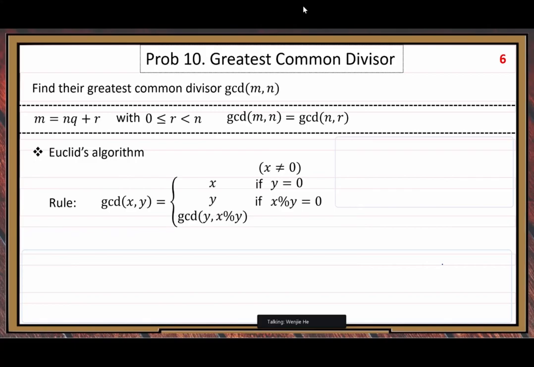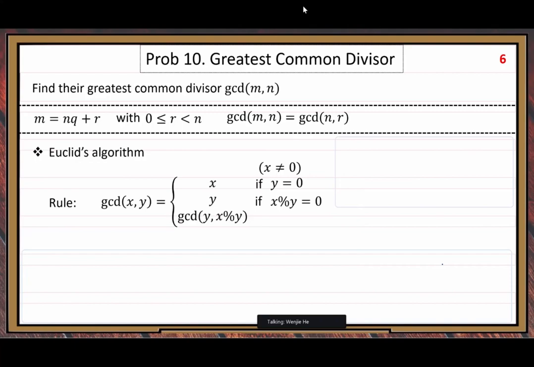That's size reduction. Here you can see that when we apply Euclid's algorithm, we don't need prime factorization, which is extremely time consuming. Here we do integer division and the modular operation, which are very fast.